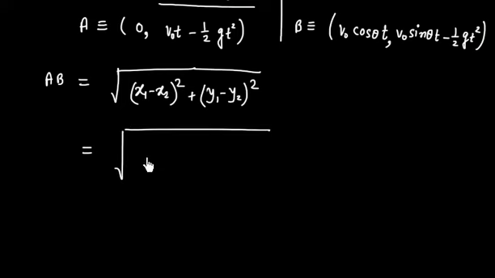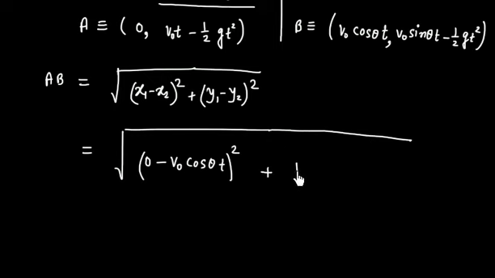So x1 is 0 minus x2 is v0 cos theta t, whole square, plus y1 minus y2, so this is v0 t minus half g t square, minus here we have, basically this term will be cancelled, and minus v0 sin theta t plus half g t square. Are you getting?